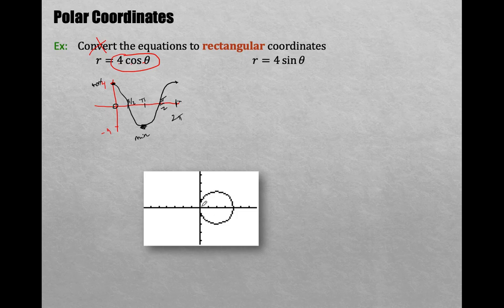When you input 0 for theta, you're going to be at 0, 4. Where do you think you're going to be at pi over 2? 4 times cosine of pi over 2.